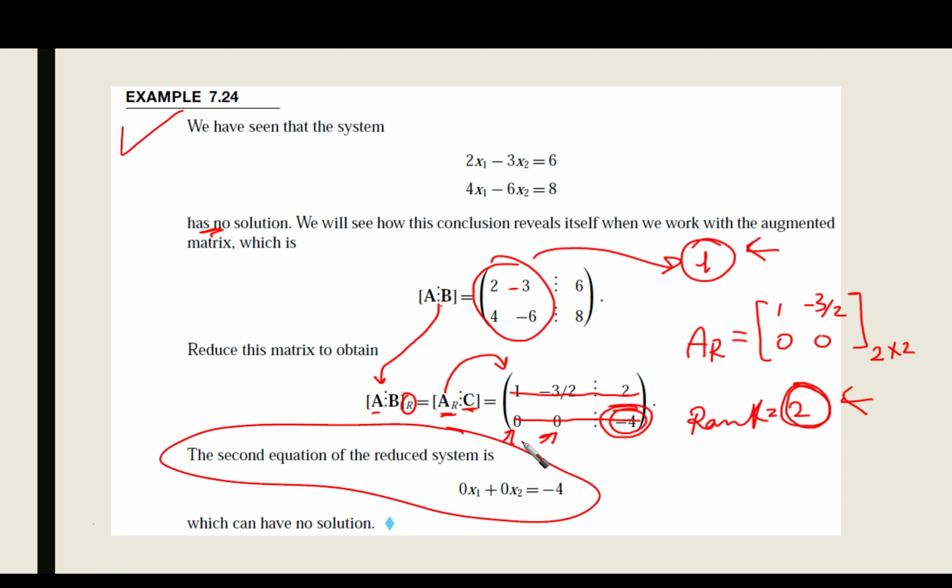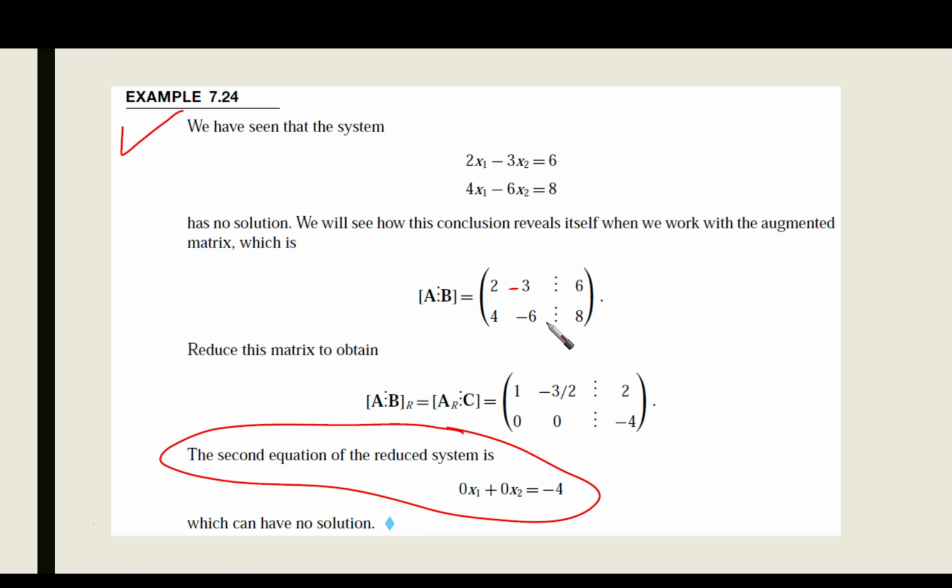Now, let's read the solution. Look here. Read this equation, which is the second equation of the augmented matrix. It tells us 0x1 plus 0x2 equals -4, right?